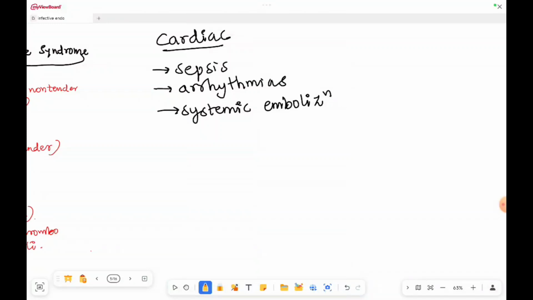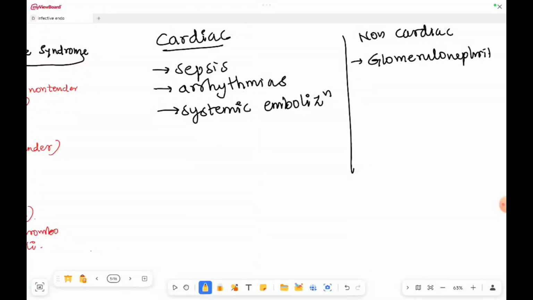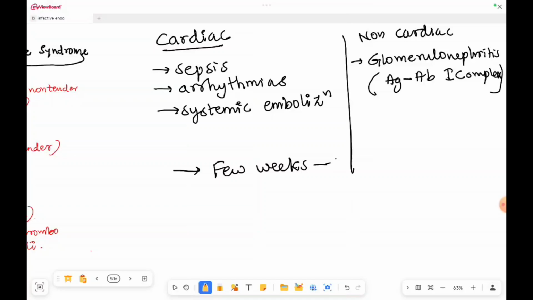And non-cardiac complications are glomerulonephritis. So it is due to deposition of antigen antibody immune complexes. Clinical features and complications will manifest within first few weeks.